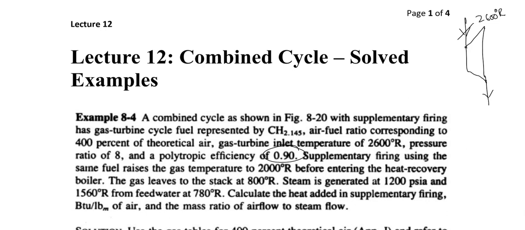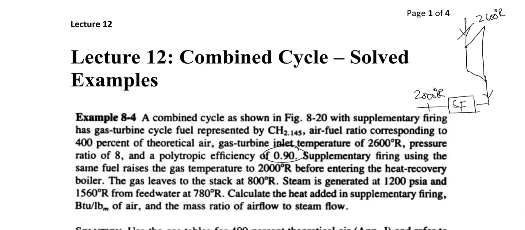Supplementary firing using the same fuel raises the gas temperature to 2000 degrees Rankine before it enters the HRB. So after exiting from the gas turbine, there is a supplementary firing, which is actually a heat exchange, using the same fuel to raise the temperature to 2000 degrees Rankine.